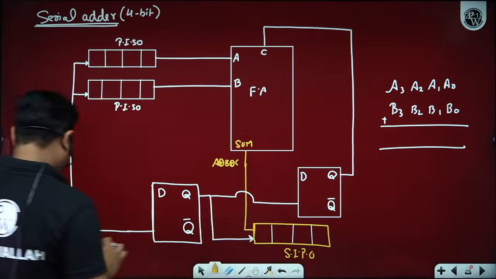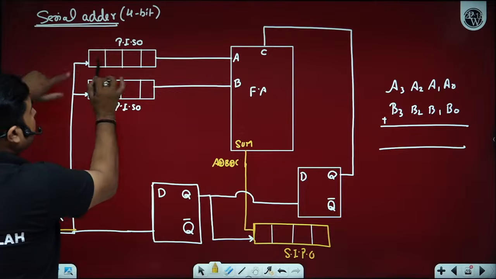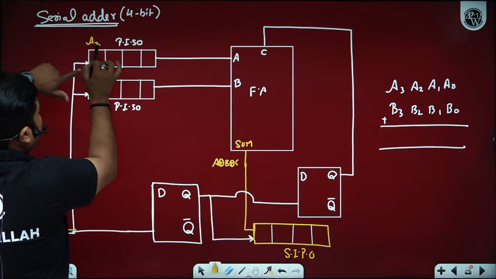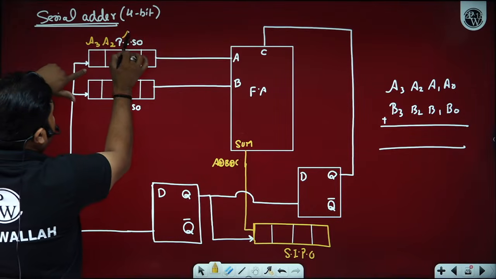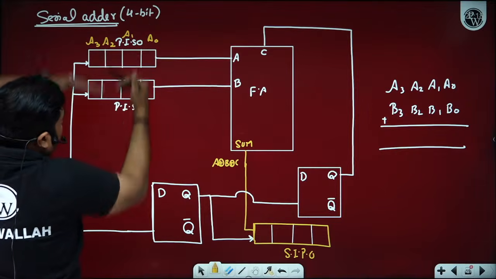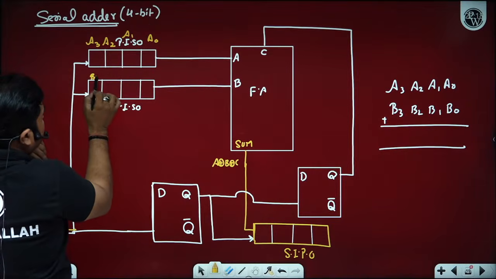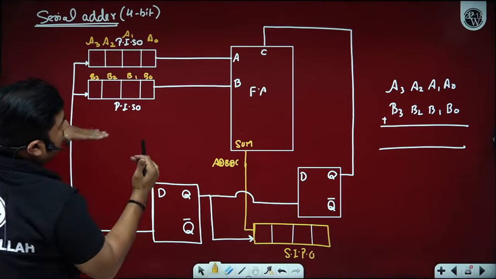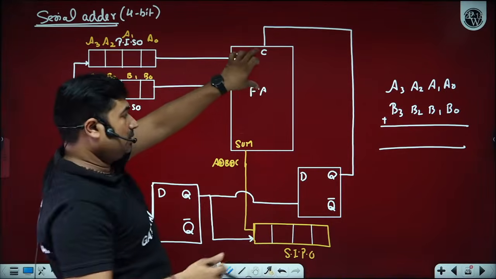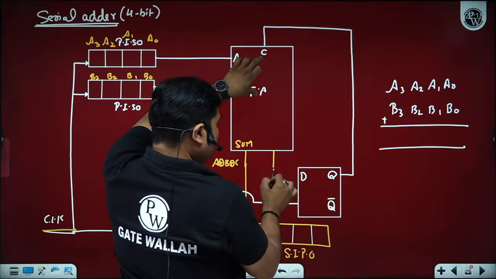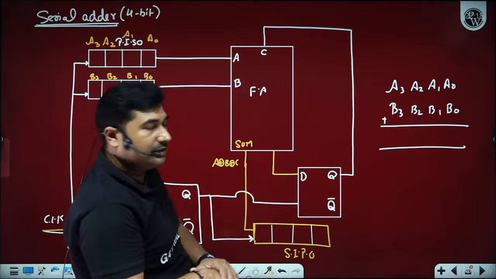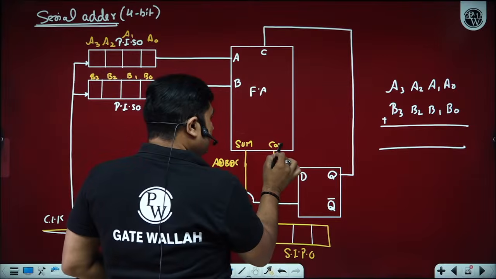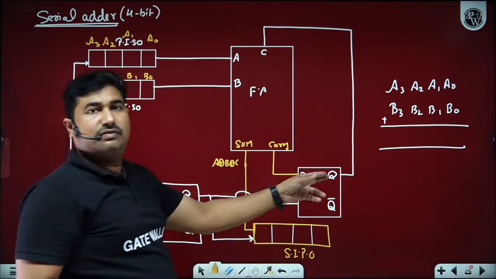First clock, when we apply the first clock, all the registers get activated. Whatever data we have, A3, A2, A1, A0 are being parallel in, and B3, B2, B1, B0 are being parallel in. Now B0, A0 and the initial carry, this is your carry, go onto the flip-flop.